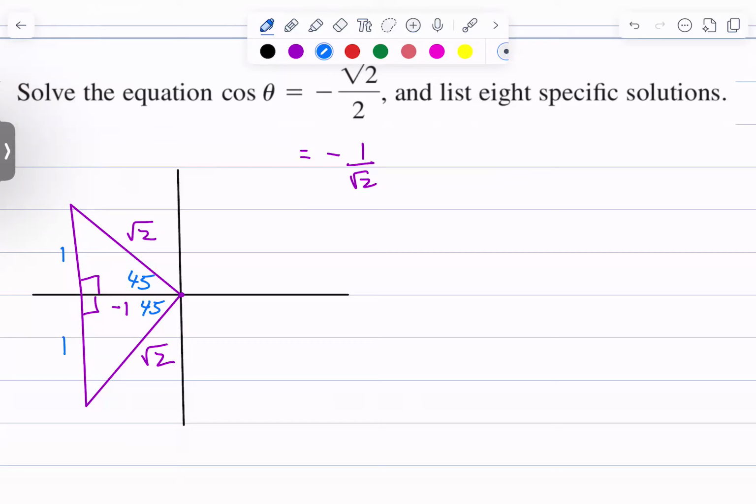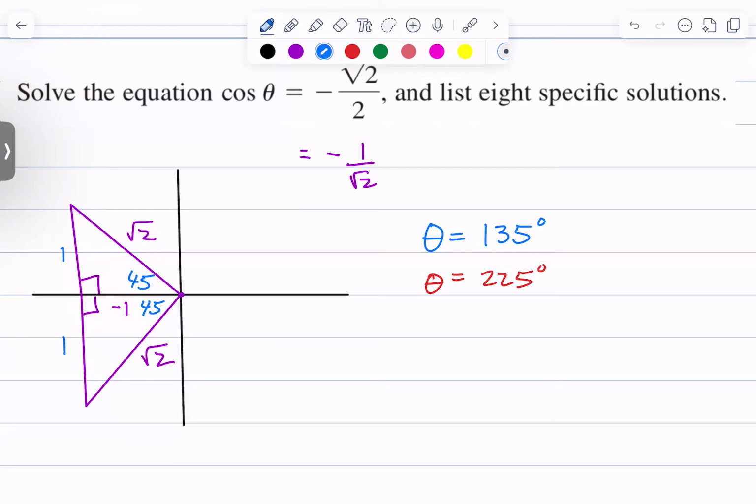So here, our theta is going to equal 135, and our theta is going to equal 225.